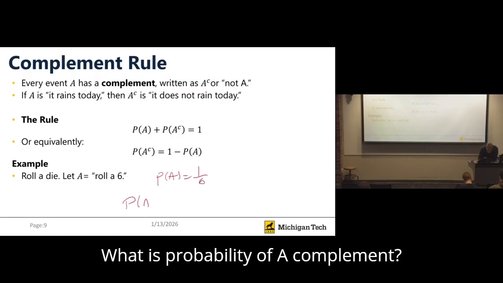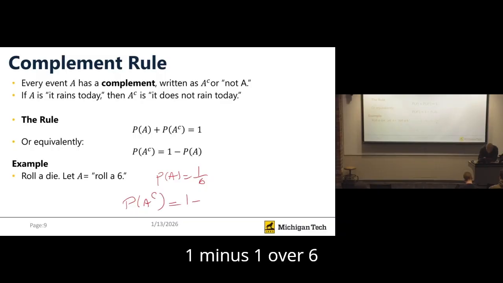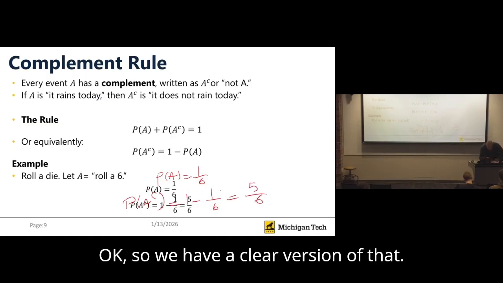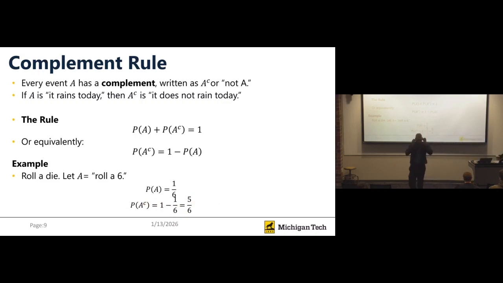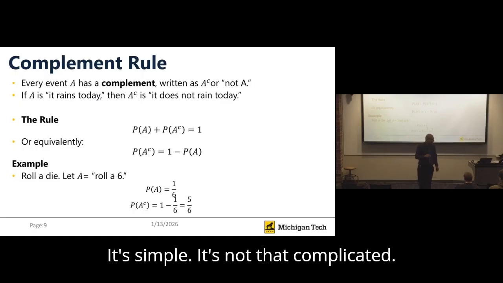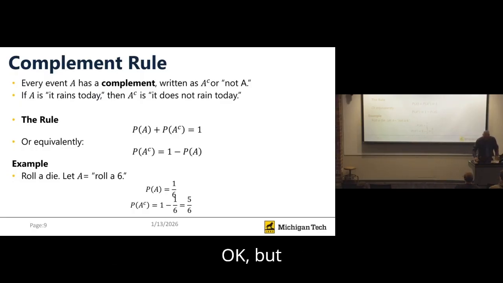What is the probability of A complement? 1 minus 1 over 6 is 5 over 6. So we have the clear version of that. Any question about the complement? It's simple. It's not that complicated.